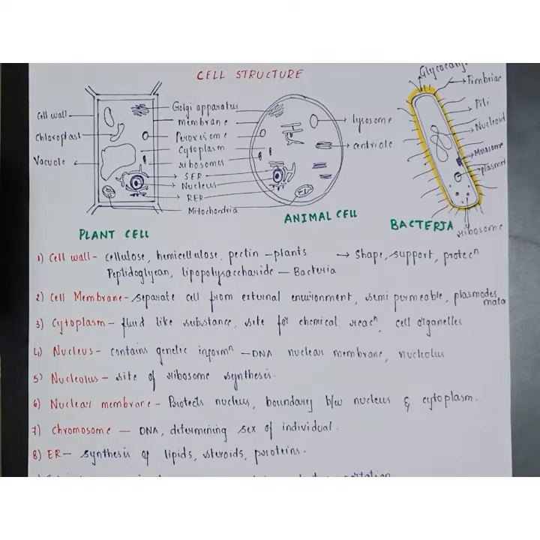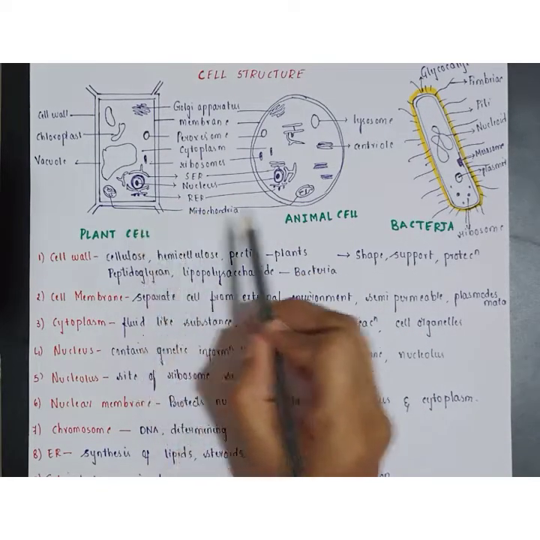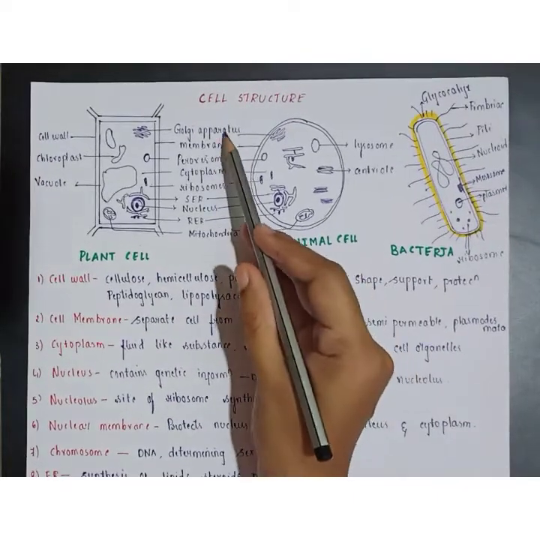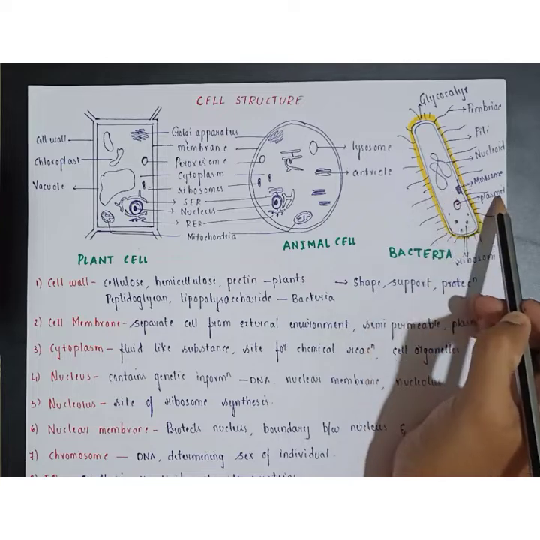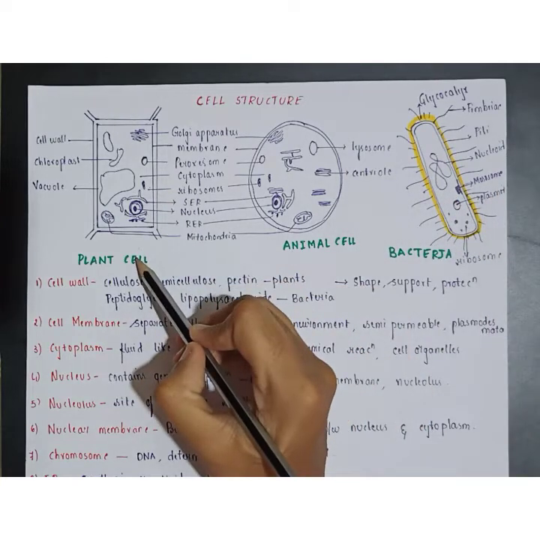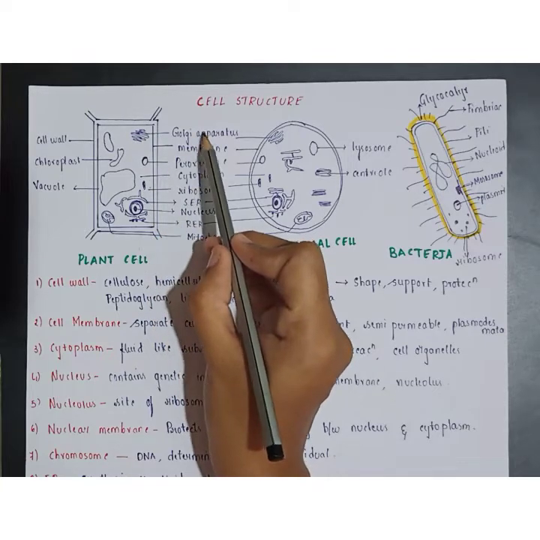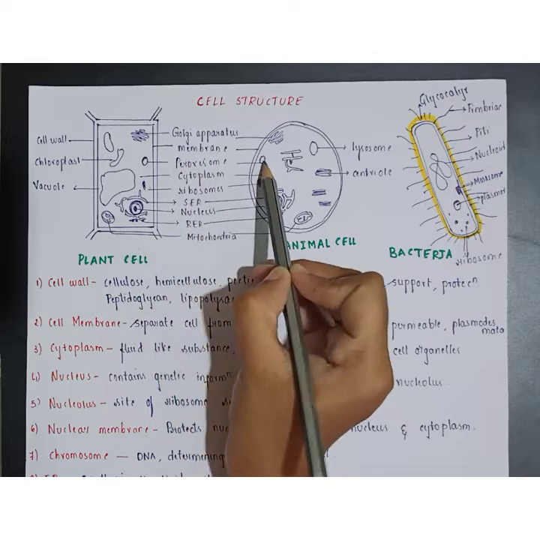Now let us discuss the cell structure. Here I have drawn the diagram of a typical plant cell, animal cell and bacterial cell. These are the similarities between the plant cell and animal cell, and this is the bacterium. In a plant cell, this cell organelle is called the Golgi apparatus, this one is called the membrane, and these are the peroxisomes.